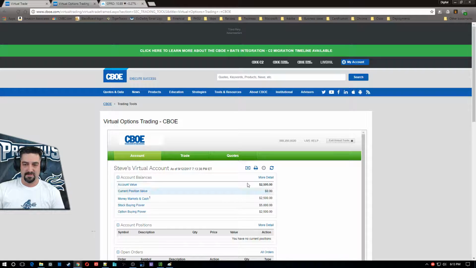The reason you normally start off with like $25,000 in your paper account, I knocked this all the way down to $2,500, mainly because the average tax return in the United States is about $3,000.